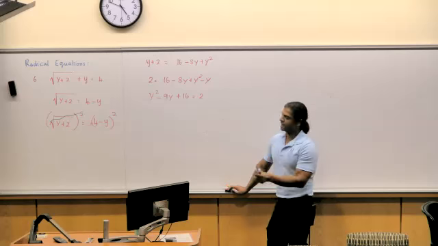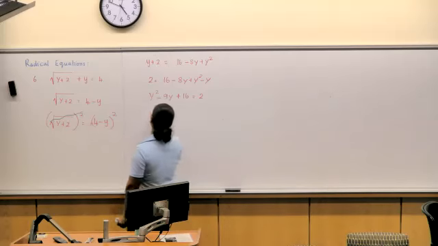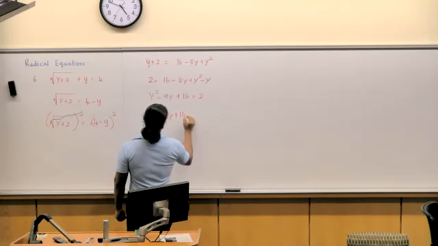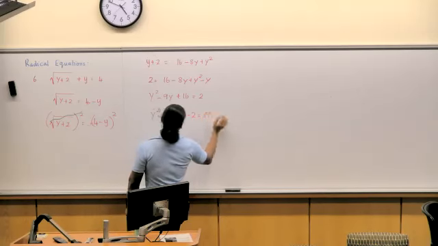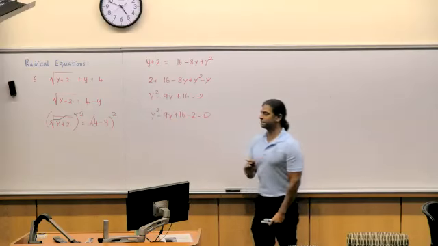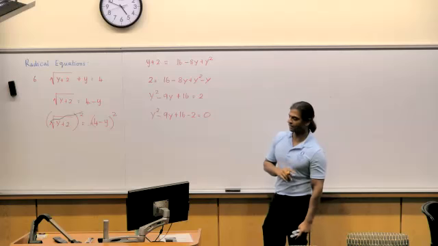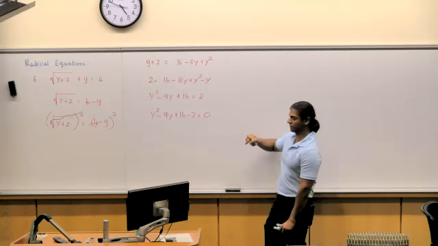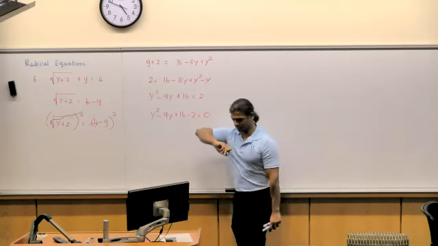I can subtract 2. So I would end up having y squared minus 9y plus 16 minus 2 equals 0. I just move the 2 to the other side.